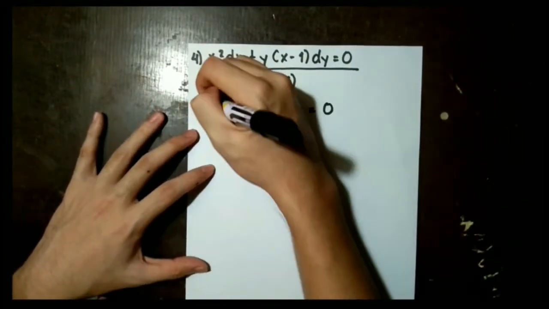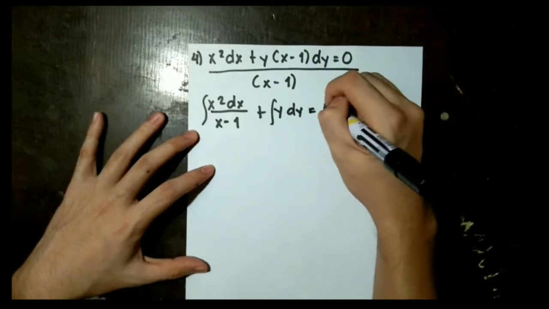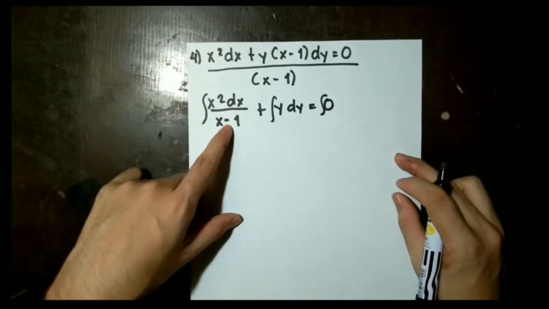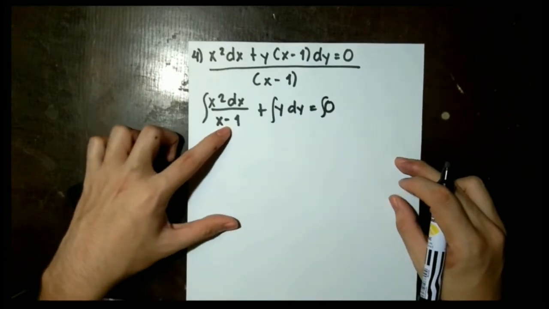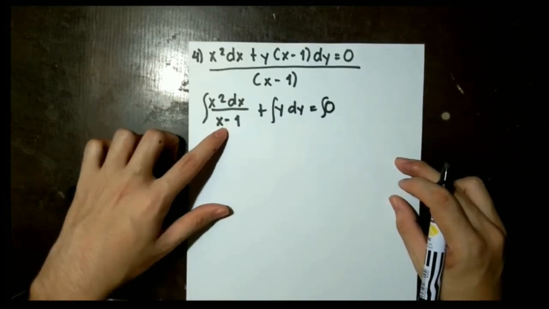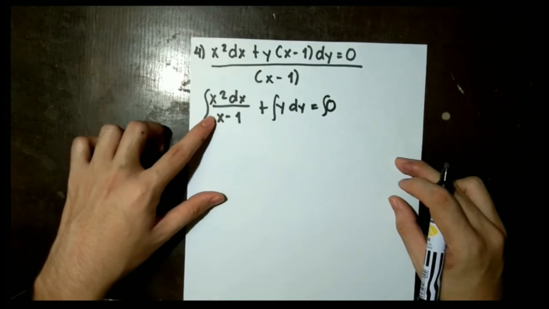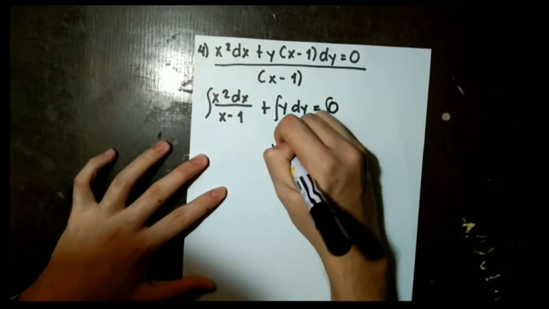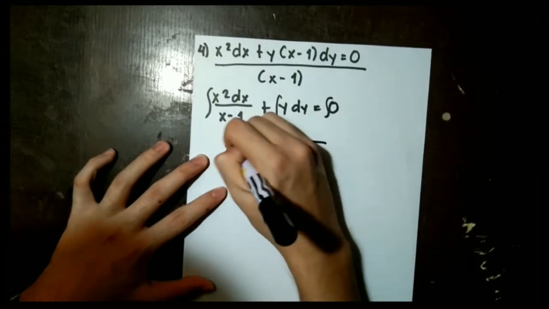Again, pwede na tayong mag-proceed sa integration. So, paano natin ma-integrate yung x squared dx over x minus 1? Hindi naman tayo pwedeng mag-u sub since hindi natin masosolve yung part na to. So, pwede tayong i-divide na lang natin yung numerator sa denominator. So, divide natin yung x squared sa x minus 1.